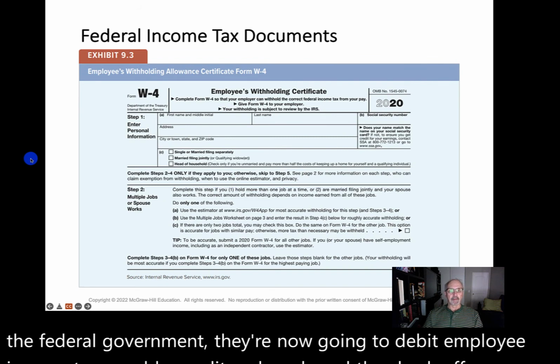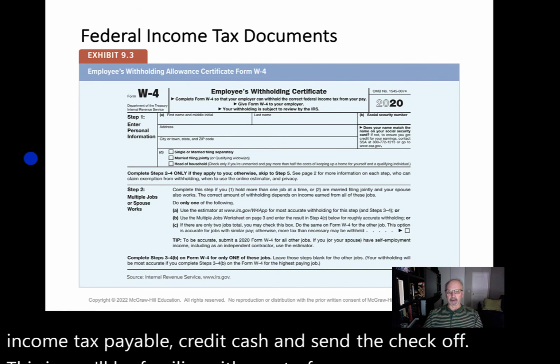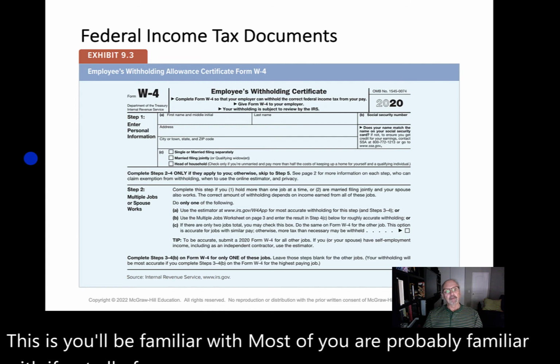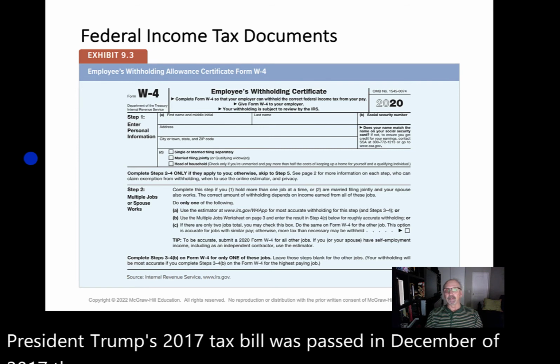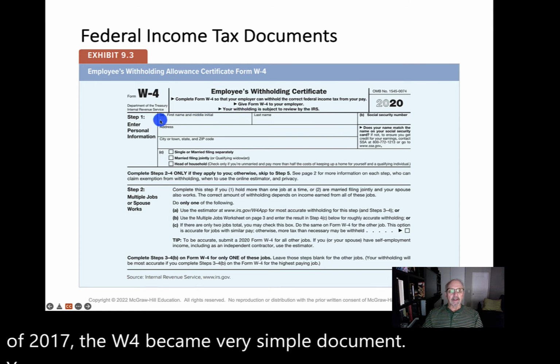Most of you are probably familiar with a W-4. And the W-4 changed a lot after President Trump's 2017 tax bill was passed in December of 2017. The W-4 became a very simple document. You can see step one, name and address of the employee.